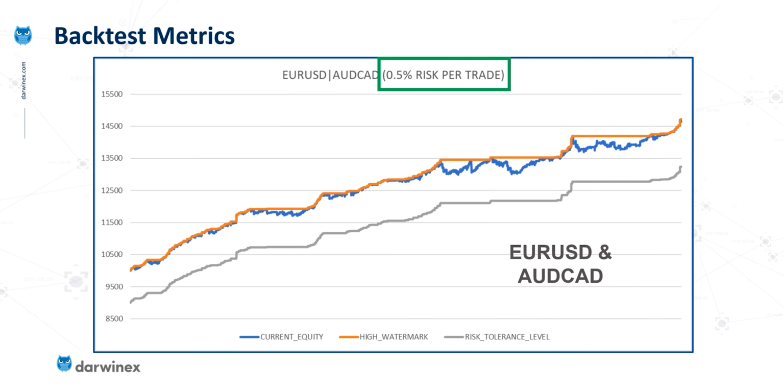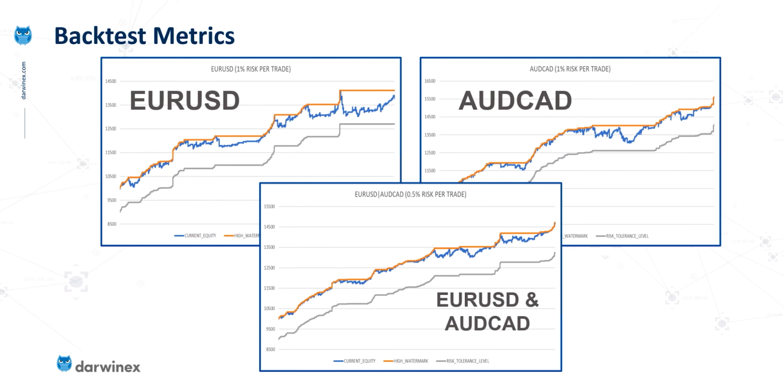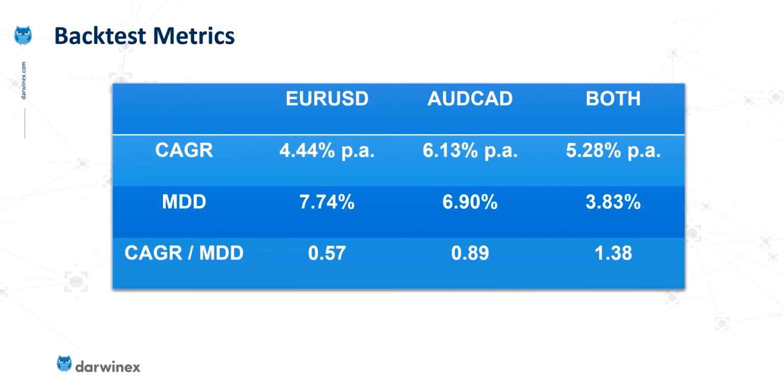So now by looking at these three equity curves all together, we can see the difference this makes. And looking at this in a quantifiable way, we have euro dollar on the left hand side here, Aussie CAD is in the central column, and then the mini portfolio of trading both of those is in the right hand column here.